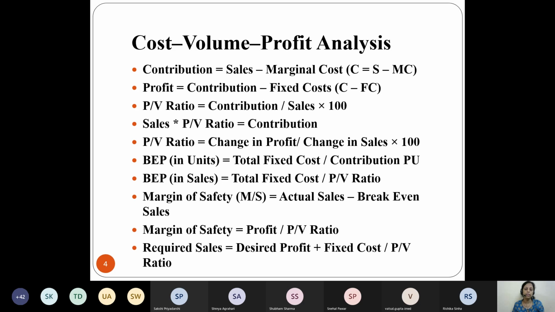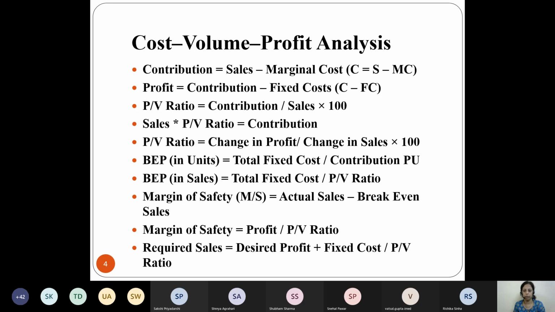Now there is one more formula. So what can happen in the question? Suppose 2 years data is given, 2019, 2020 sales and profit are given. So what is common in these 2 years? Fixed cost remains constant and marginal cost per unit remains constant. So again there is a relationship.